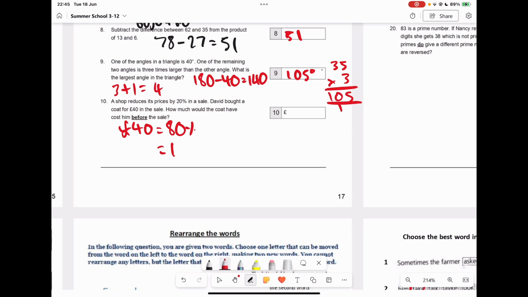So 10% will be 40 divided by 8. So 40 divided by 8 is equal to £5. So then 100% is equal to that £5 multiplied by 10. So the answer to question 10 will be £50.